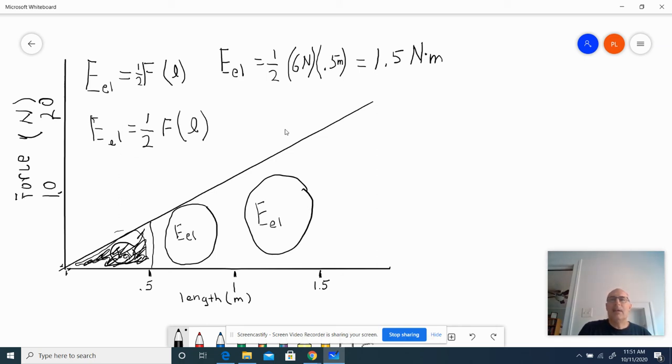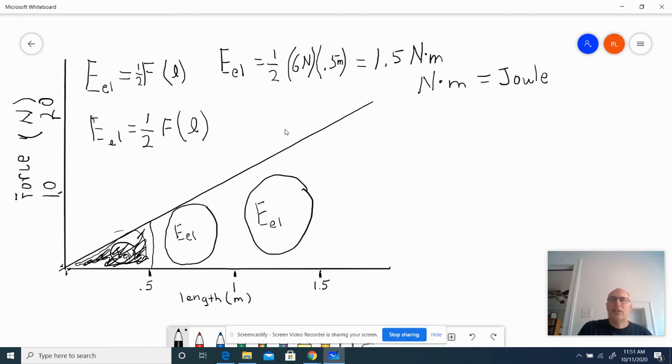Now, some of you may be saying, but I thought the units of energy was joules. And in fact, guys, this is a joule. A Newton times a meter equals a joule. All right, they're the same thing. A joule is an abbreviation for a Newton times a meter.